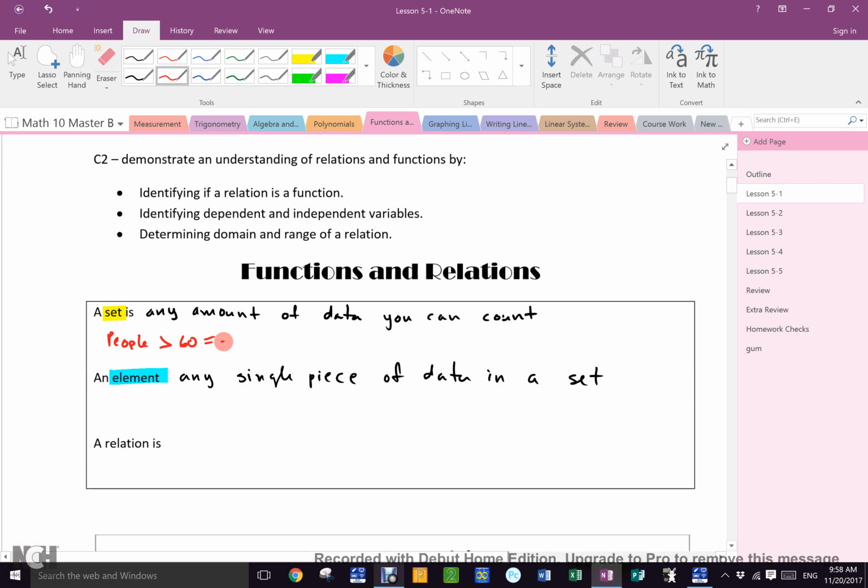How many? 0. People greater than 40 in the room. 1. Right? And then people 10 to 20 in the room, that was 30 of us. Everybody cool? Okay, so how many elements are in this set?